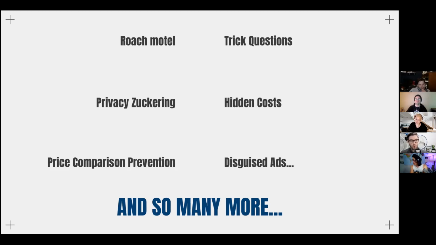That would be a Roach Motel. Or you go to cancel your subscription, and instead of being able to do it online, you have to call a customer service line and nobody's available to take your call. Like Fabletics or Sirius XM. I'm just reading the comments, or the New York Times.